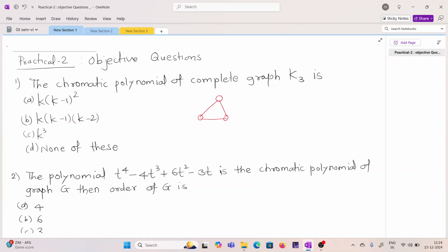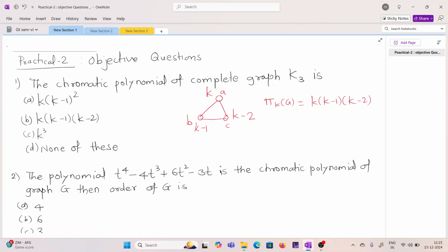Suppose we have K colors, then I can color the vertex A by K colors. The first color is used for vertex A, so we cannot use that color for vertex B. So we have K minus 1 choices to color vertex B. Now the colors used for vertices A and B cannot be used to color vertex C, as C is adjacent to both A and B. So we have K minus 2 choices for coloring of C. So total choices to color the graph K3 is K into K minus 1 into K minus 2.